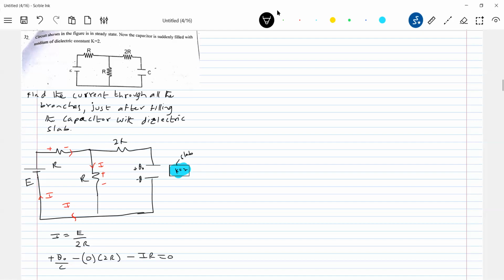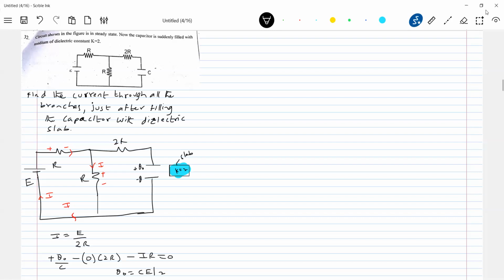So IR will be E by 2. So Q naught equals how much? CE by 2. Keep this value.